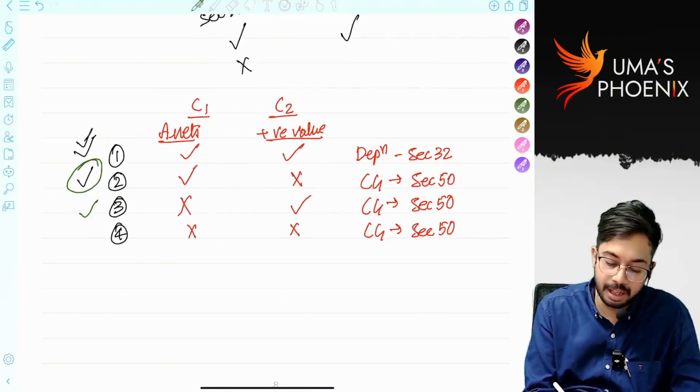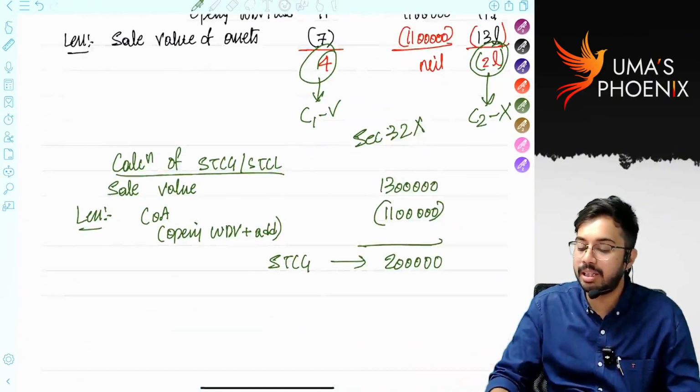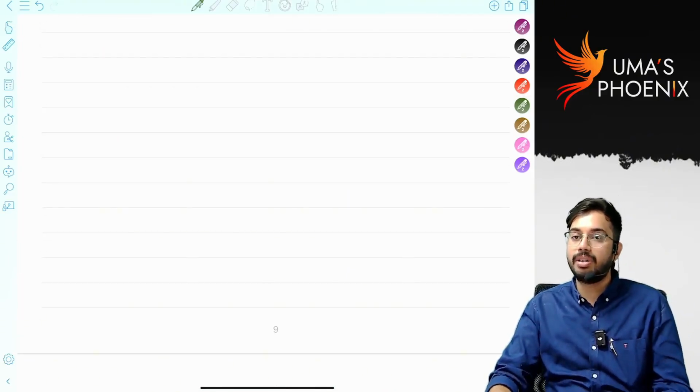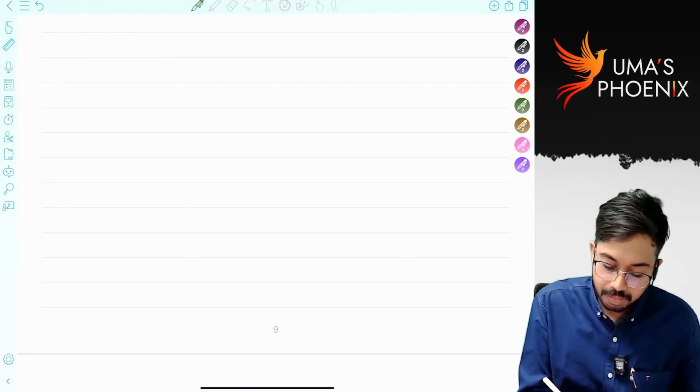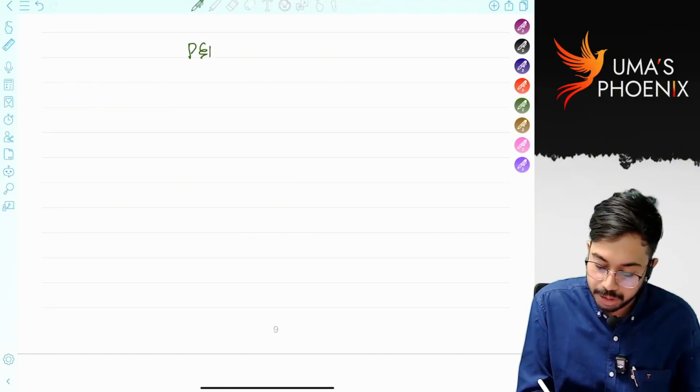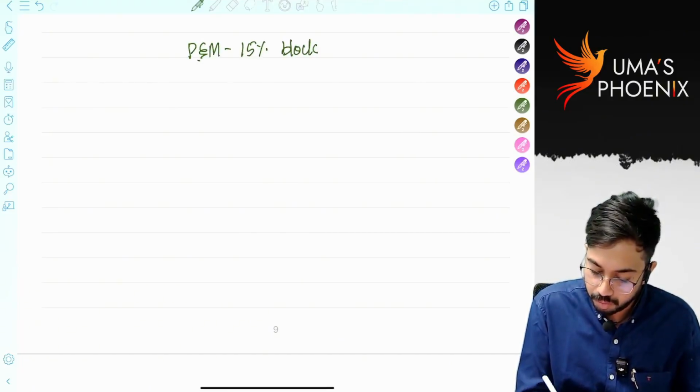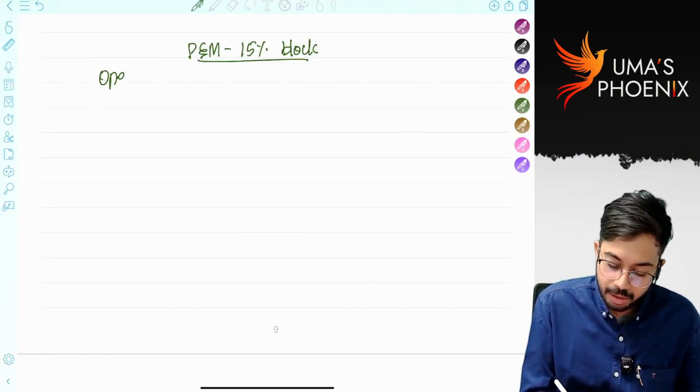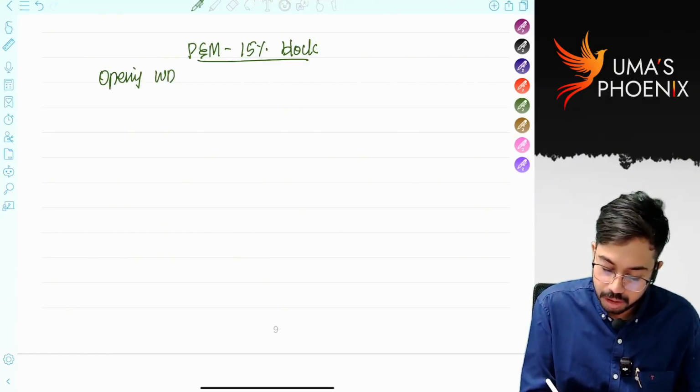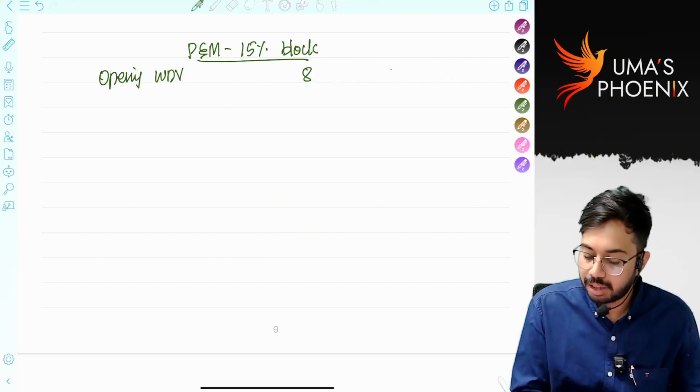Shall I explain third case? There are no assets in the block and block is having positive value. Shall I explain? Case 3. Plant and machinery, 15% block is there. Opening written down value, 8 assets worth 6 lakhs.